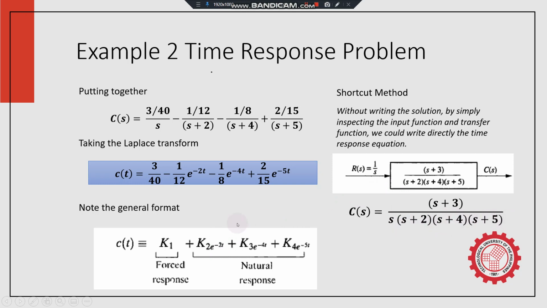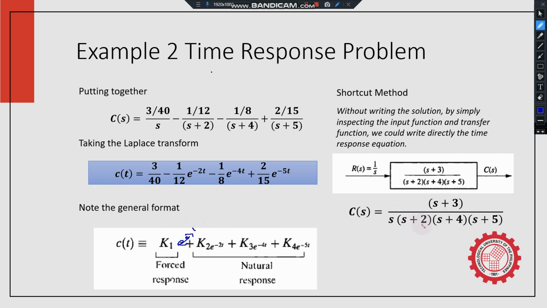So, s plus 0 is just like writing e raised to 0 here, which is equal to 1.